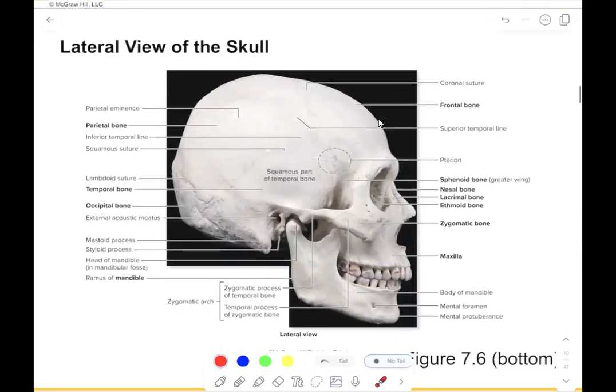So we're seeing the same thing on this slide. So let me go ahead and highlight the bones first for you.